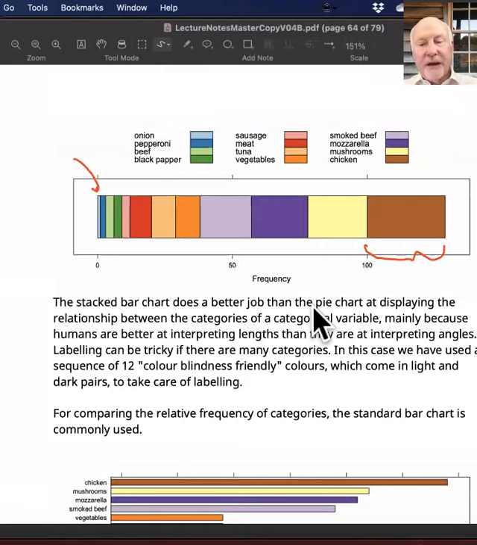These kinds of charts can be useful. Labeling them is a bit hard, so it's commonly done by coloring them or shading them. You get problems with colors and shading. I'll make this point now, but we'll talk about it more in visualization. You get problems in a couple of ways.